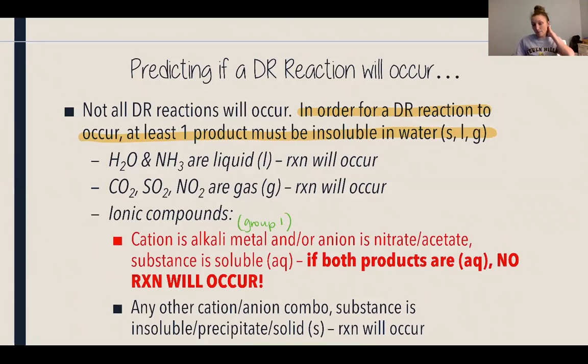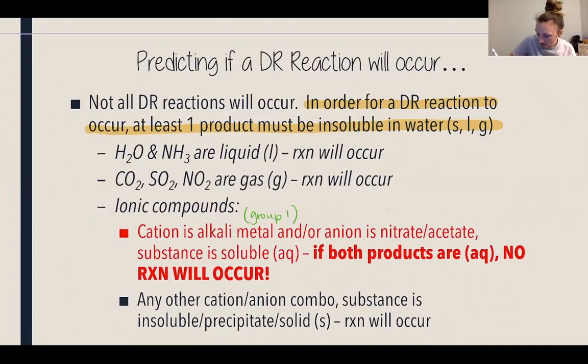If your cation is something from group 1 and/or your anion is nitrate, NO3, or acetate, C2H3O2, or any way that you're going to write it, CH3COO.